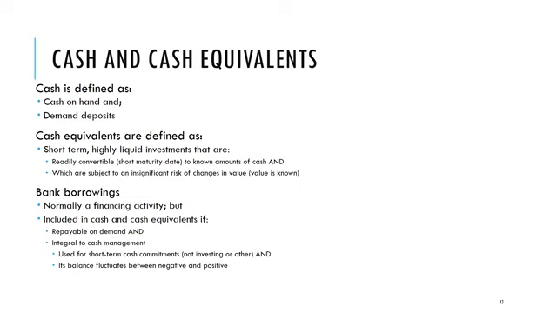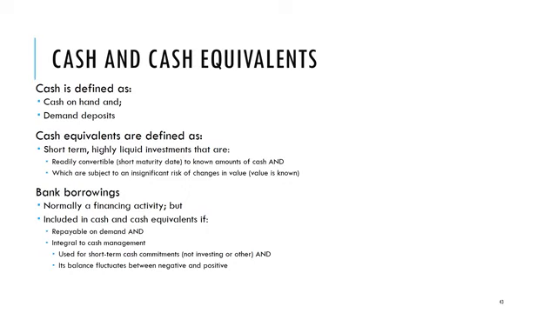Cash equivalents being defined as short-term, highly liquid investments. They're readily convertible, short maturity dates to known amounts of cash. So something that is going to be short, typically 3 months or less, and subject to insignificant risk of change in value.